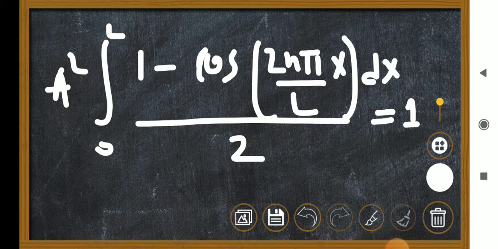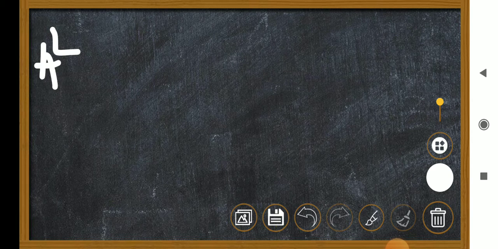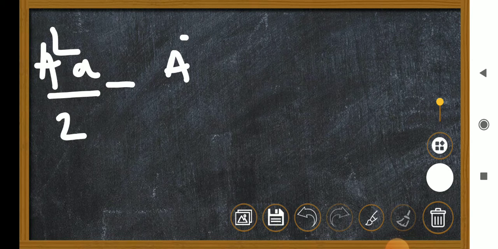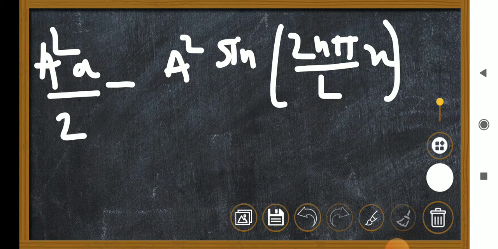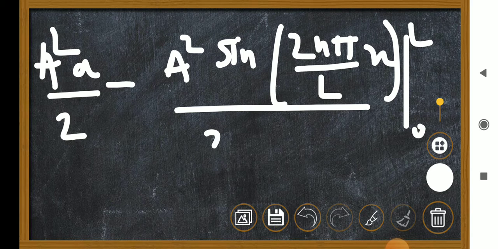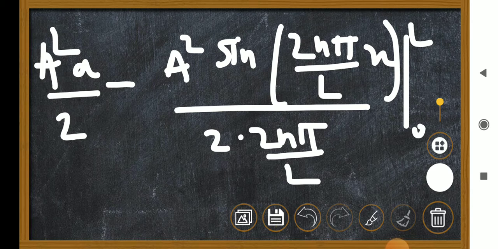So this can be further written as 2 separate integrals, minus of, as it is a cos, it becomes sine of 2 n pi by L x from 0 to L, divided by 2 multiplied by 2 n pi by L. The entire a constant comes down.